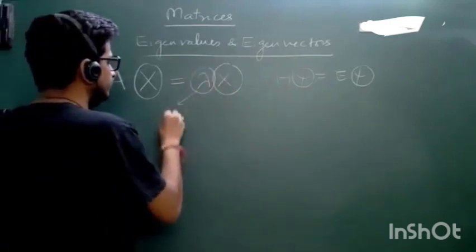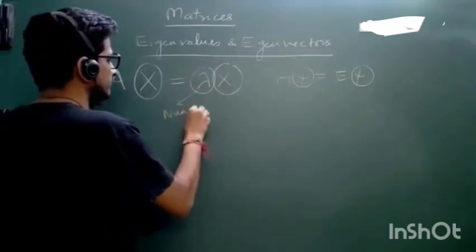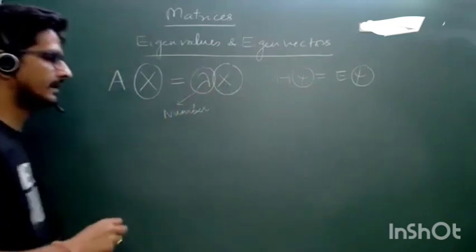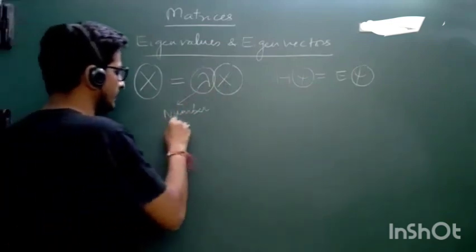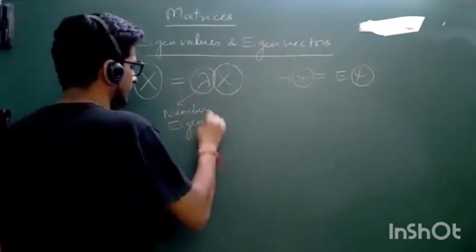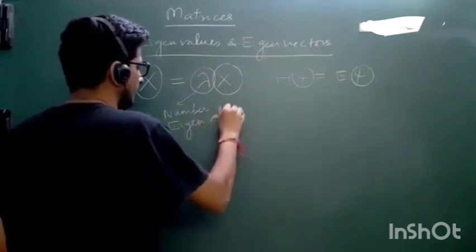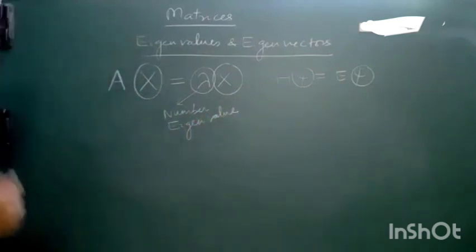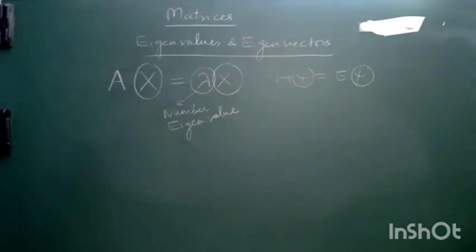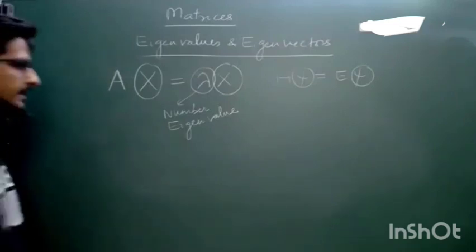This is a number, and this number is known as eigenvalue. Okay, so this lambda will be known as eigenvalue. So I will explain this with an example.